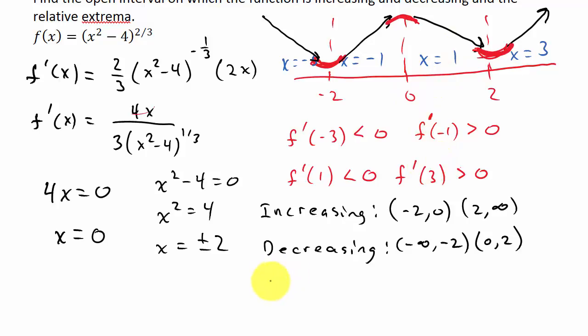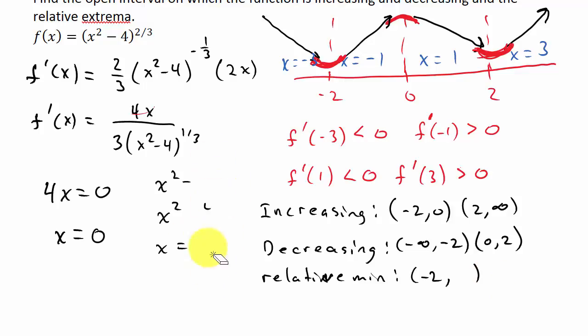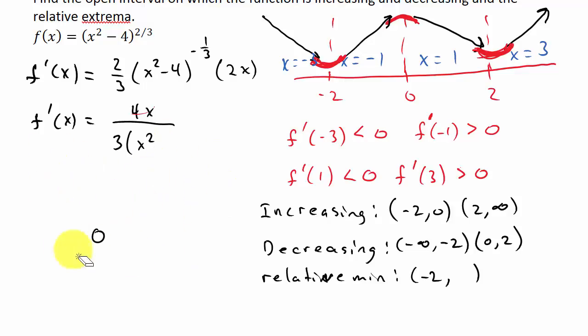So we have a relative minimum at the point. Our first point is at -2, and then we need the y value. So to get that, I'm going to go ahead and erase this so I can have some room.